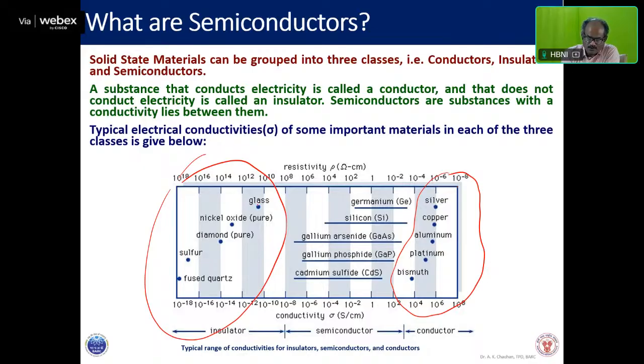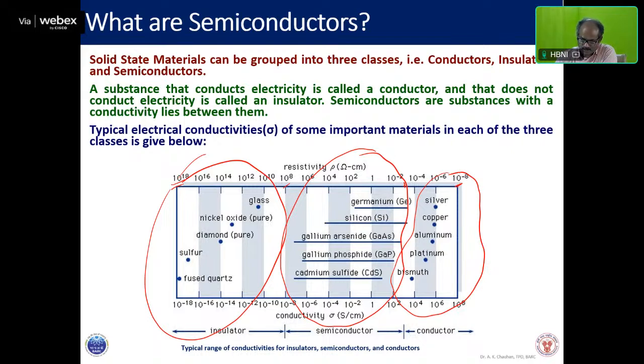The resistivity of a good insulator is between 10 to the power 18 to somewhere here 10 to the power 8. Similarly, the resistivity of good conductors lies from 10 to the power minus 8 ohm centimeter to around somewhere there. You cannot say a particular number where you can differentiate, but it is a range. And there are materials which have electrical conductivity between these two, and these are the semiconductors, and we are interested in these materials.